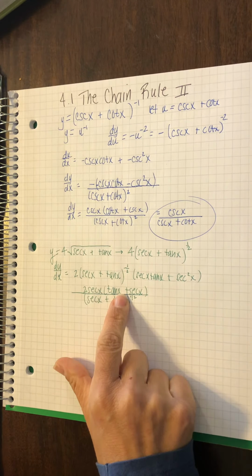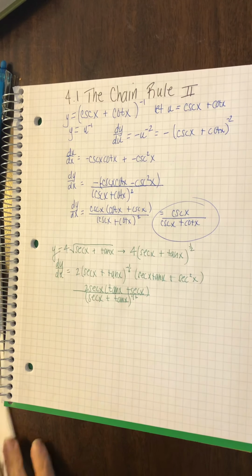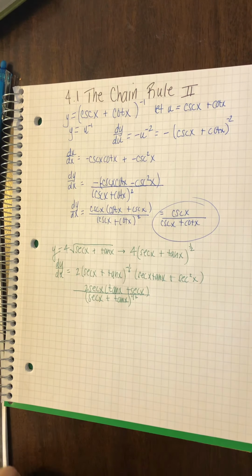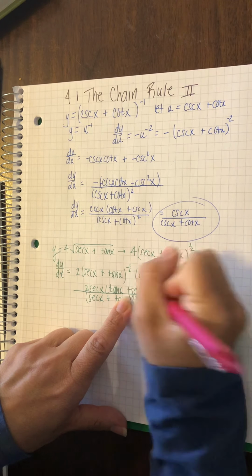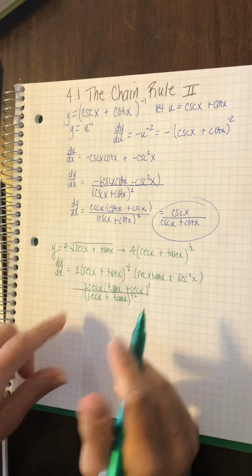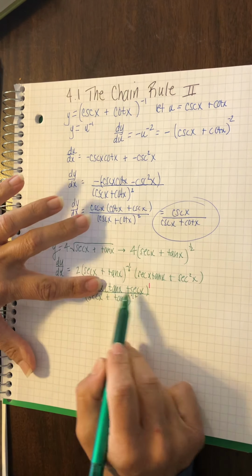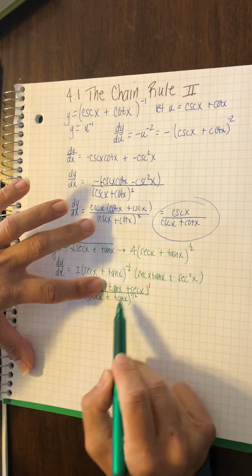This is tangent x plus secant x to the first. Tangent plus secant, secant plus tangent, same thing. Subtract the exponents.